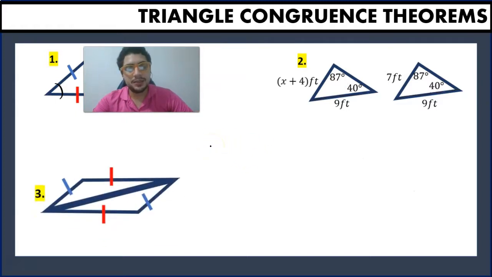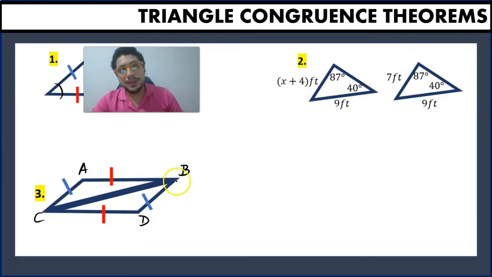Now let's take a look at the very next one. Okay, so in this case we have two triangles. So we have, let's call it A, B, C, D. So we know that AB and CD are congruent, and we know that AC and BD are congruent, right? But we just have two sides, and we need at least 3 to use the SAS theorem.